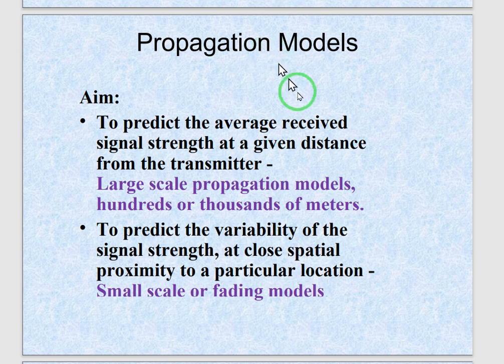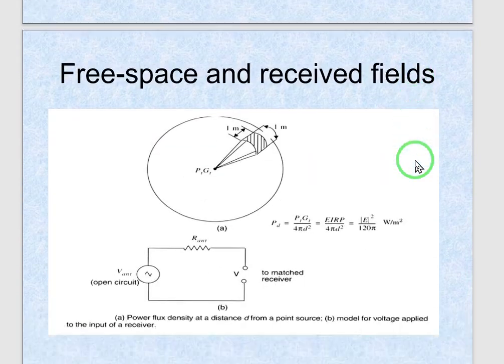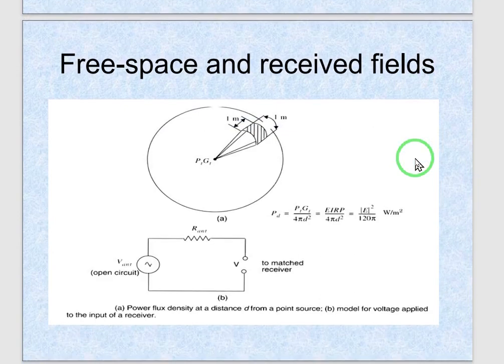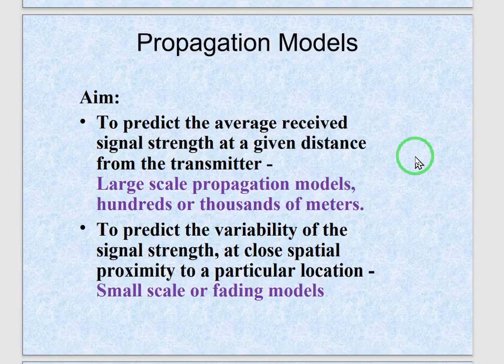That means a propagation model has the objective to predict the mobile user's signal strength at some distance, or closest to the transmitter or receiver, and their spatial location. So these are the propagation model objectives.